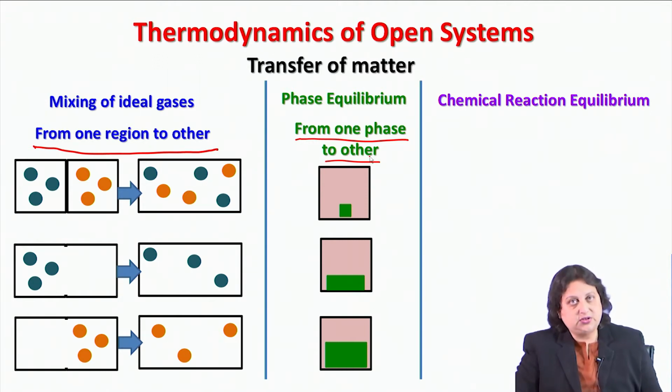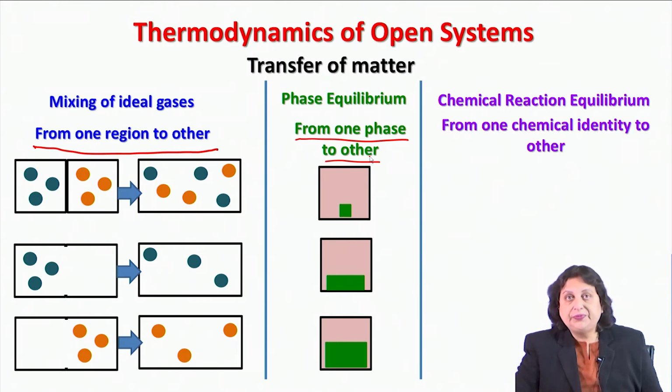So that is the situation of phase equilibrium. Now, if I talk about chemical reaction equilibrium, as you understand, this is going to be a more difficult situation compared to either mixing of ideal gases or the phase equilibrium of a pure substance.